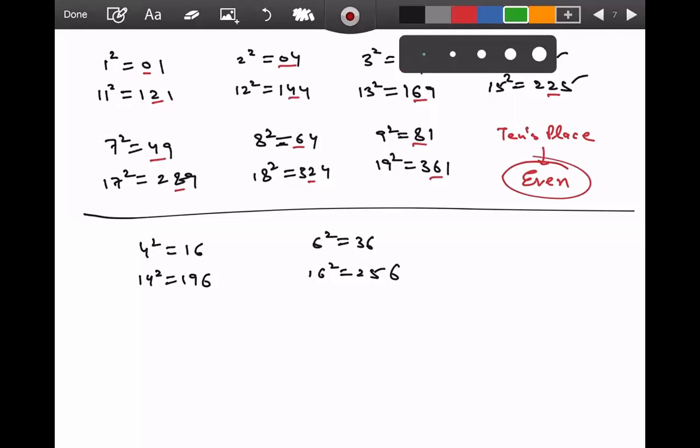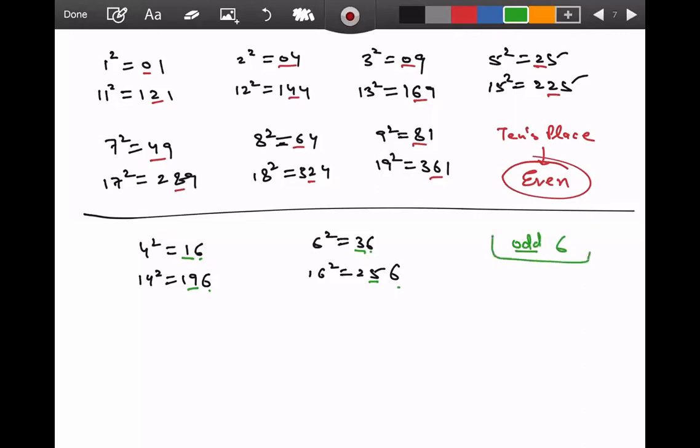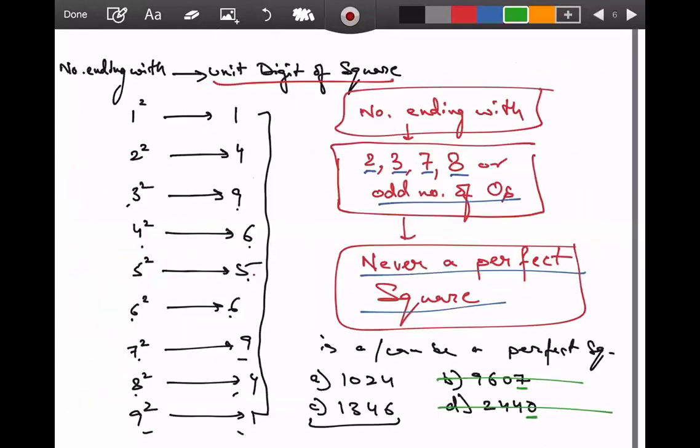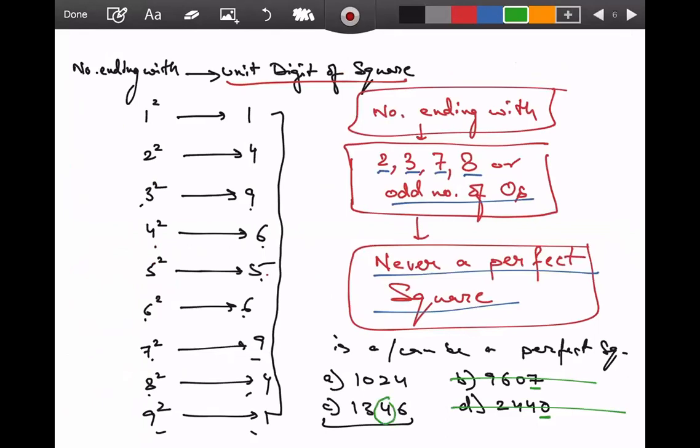But only when a perfect square ends with 6, the tens place is always odd. Only when a perfect square ends with 6, the tens place of the second last digit is odd. Here it is even.